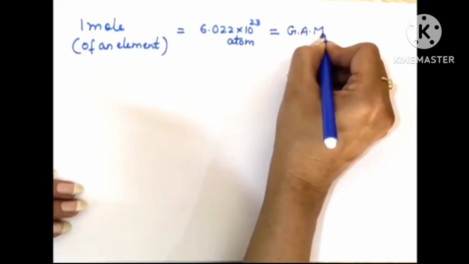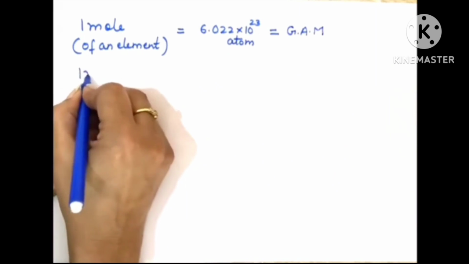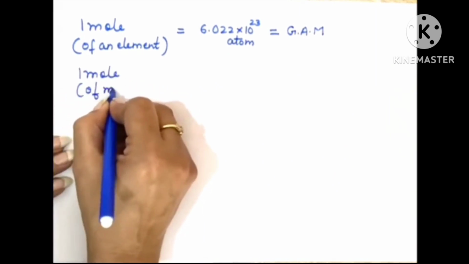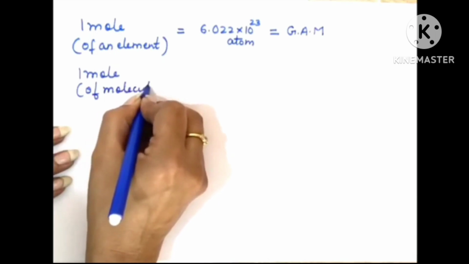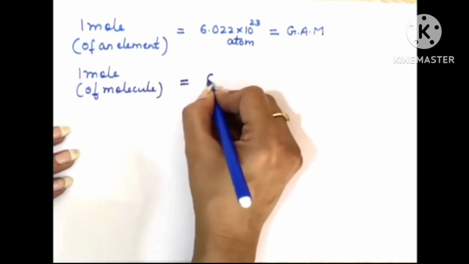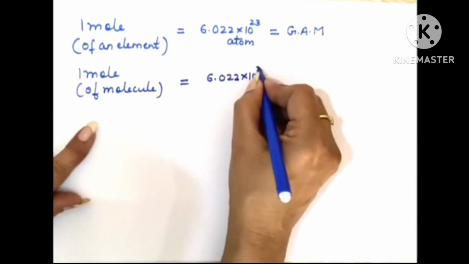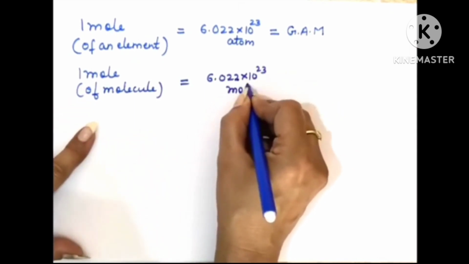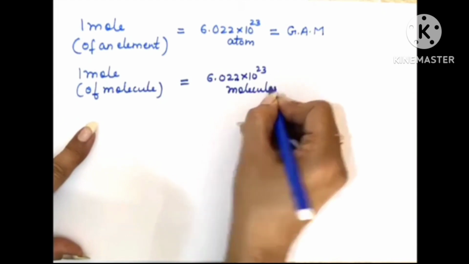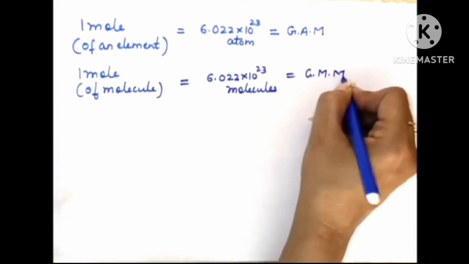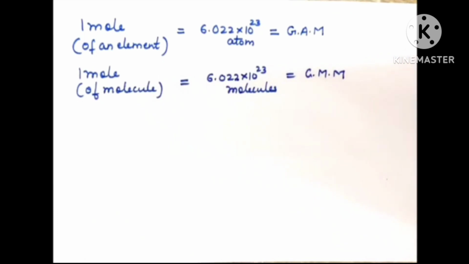Write that mass in grams. But if I take 1 mole of molecules, molecules will include compounds also. 1 mole of molecules will have these many molecules in it. And the mass of these is known as gram molecular mass. This is the whole mole concept.